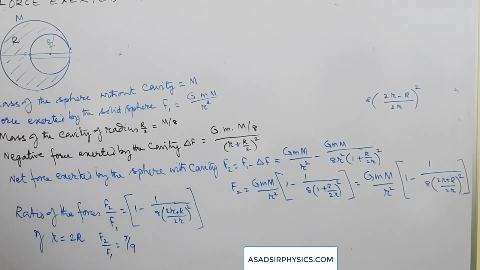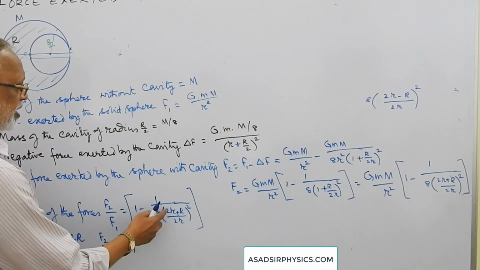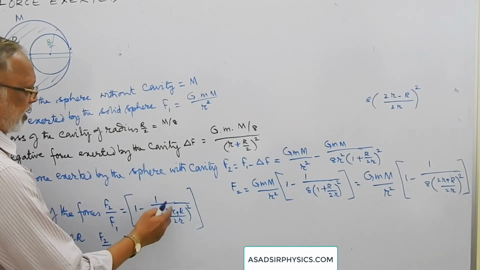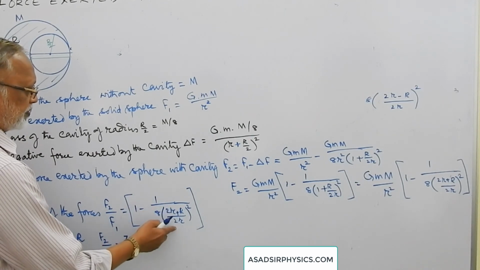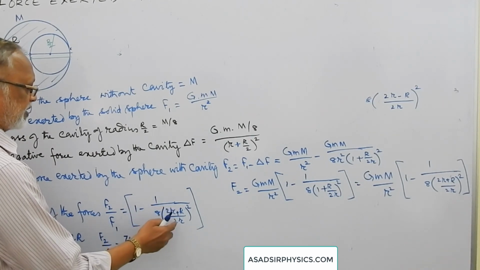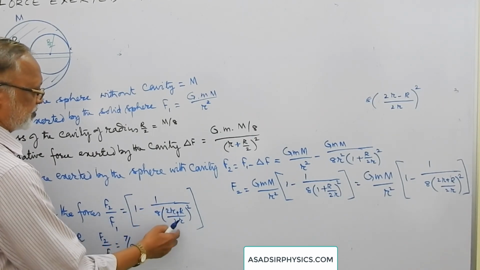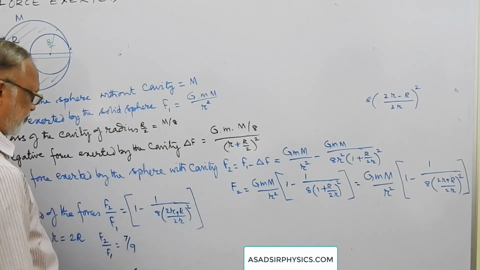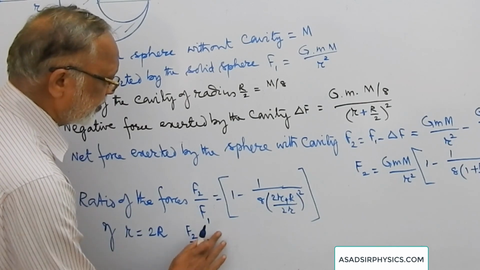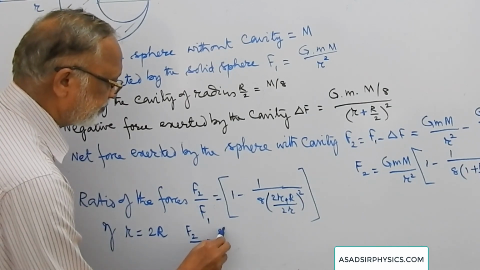As before, if small r is equal to 2R, then this will be 4R plus R, 5R. 5R by 4R, R will get cancelled. 5 by 4 on squaring is 25 by 16. 8 ones are 8, 8 twos are 16. This 2 will go to the numerator: 1 minus 2 by 25, so that will give you 23 by 25.